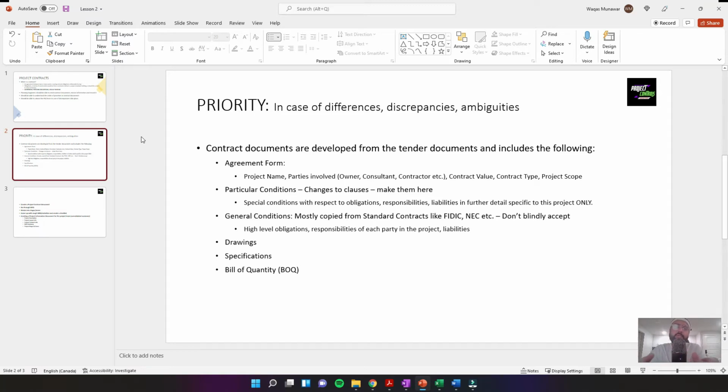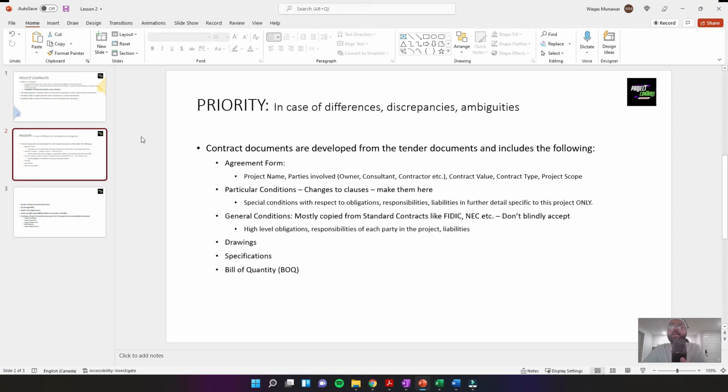Then you have the general conditions, and this is one of the easiest to have in your contract document, because it's mostly copied from the standard contracts. When we say standard contracts, it could be FIDIC, which is mostly used in the Middle East, and the NEC, which is used in the West. But obviously you don't have to accept them blindly.